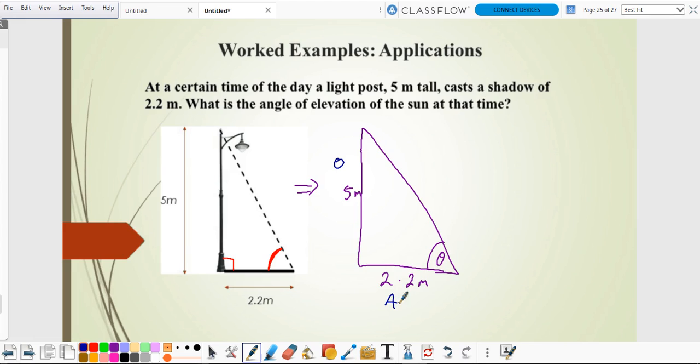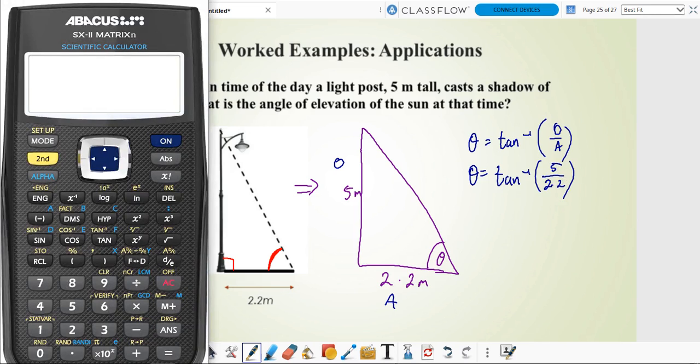Figure out which ratio you're going to use. You've got O, you've got A, so you're going to use your tan ratio. That's going to be tan inverse, my opposite is 5 and my adjacent is 2.2. Put it in your calculator: tan inverse of the fraction 5 over 2.2, and enter.